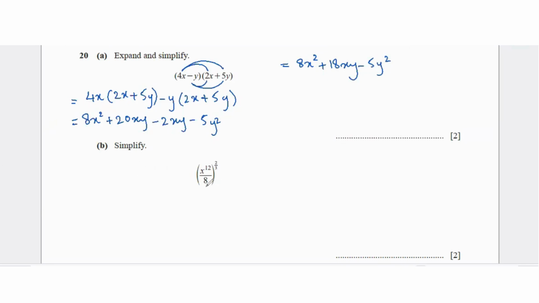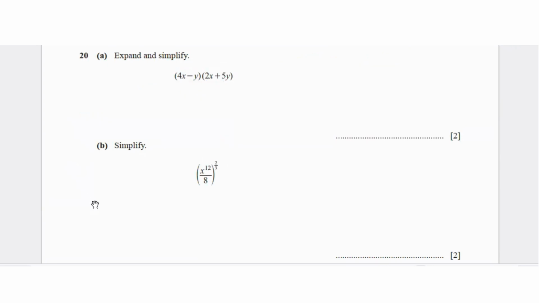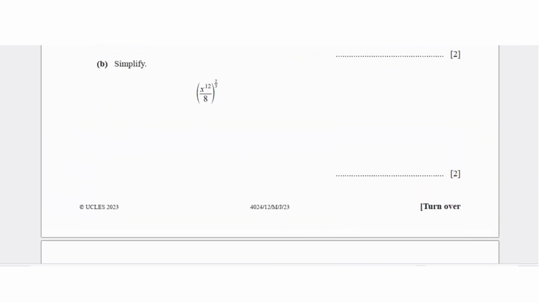So let's say simplify x to the power of 12 divided by 8, whole power 2 over 3. So what I'm going to do is first convert 8 into 2 cubed. That's going to be x to the power of 12 over 2 cubed, whole power 2 by 3. Distribute the power.